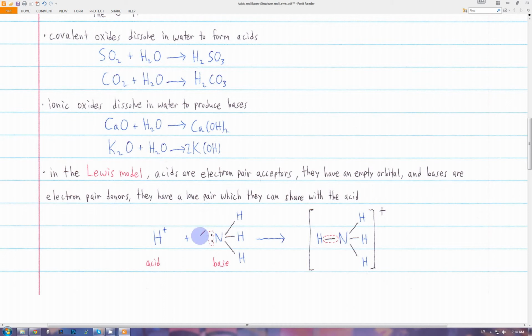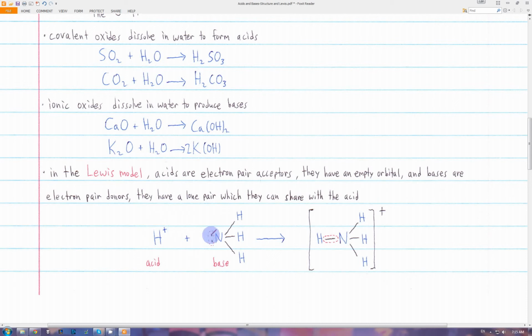So from the Bronsted-Lowry definition, we know that ammonia, NH3, acts as a base. It accepts a proton. So here is that reaction in the Lewis model. We have the H+, it has no electrons, so it has an empty orbital, which classifies it as an acid.